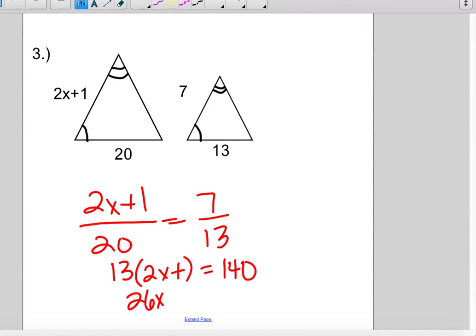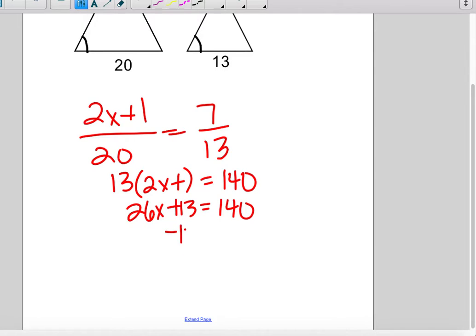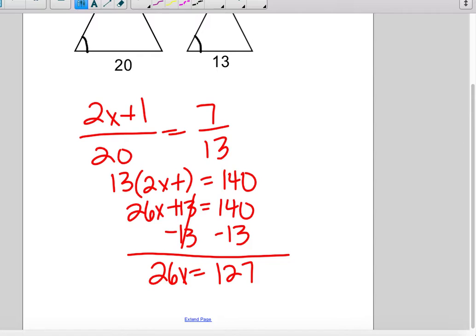So we'd get 26x plus 13 equal to 140. We would subtract 13 from both sides. And then divide by 26, and x would be approximately 4.9 if we rounded to the nearest tenth. My calculator is getting 4.8846.